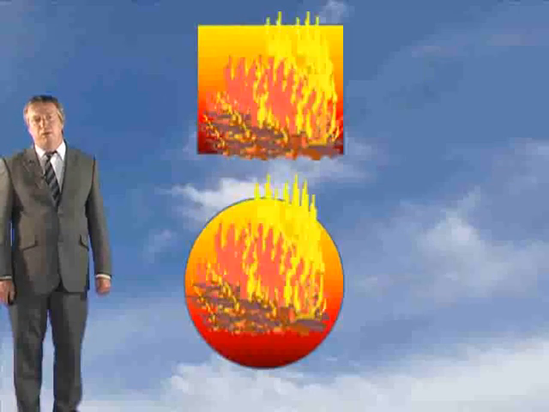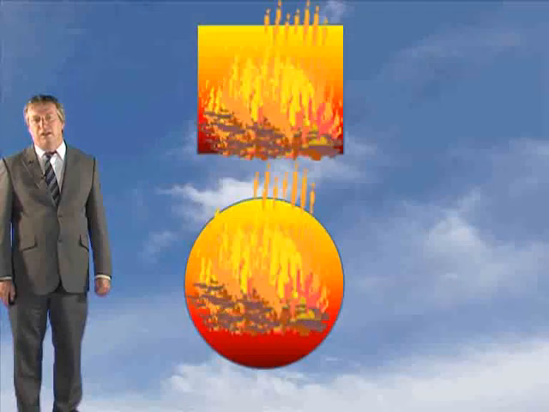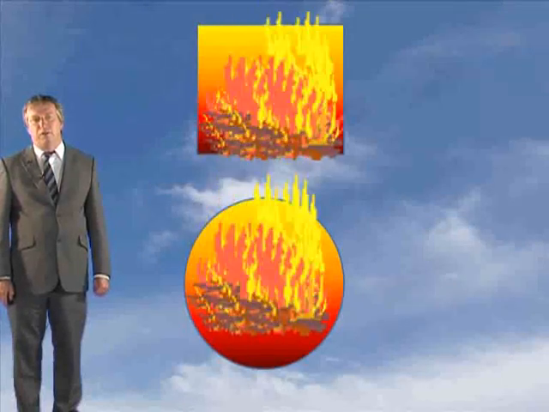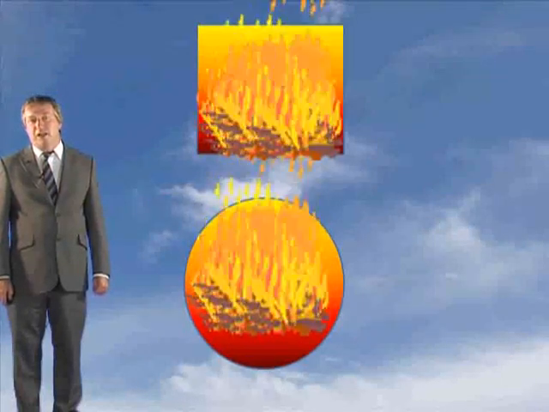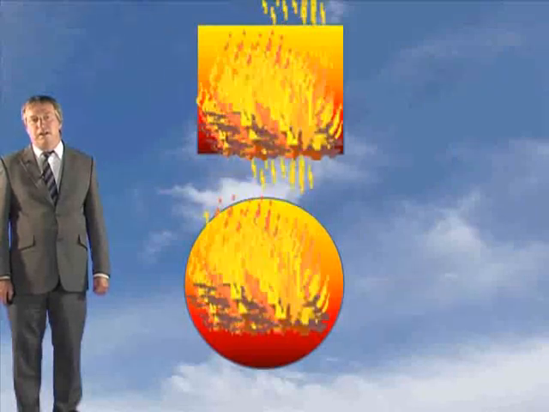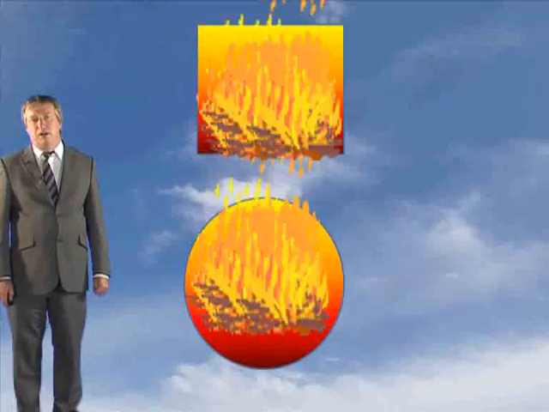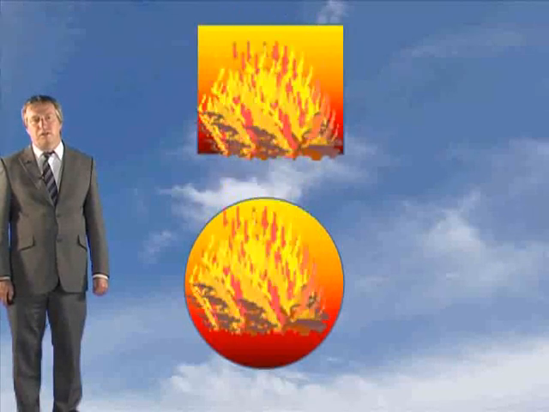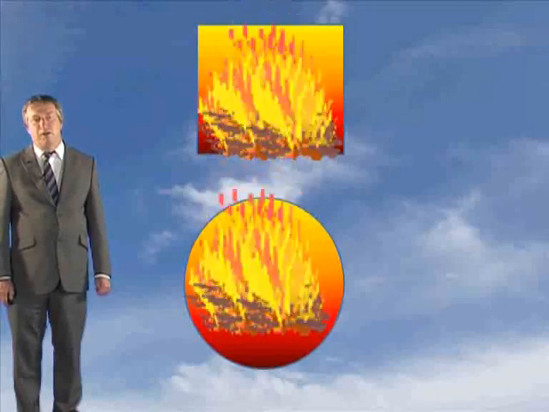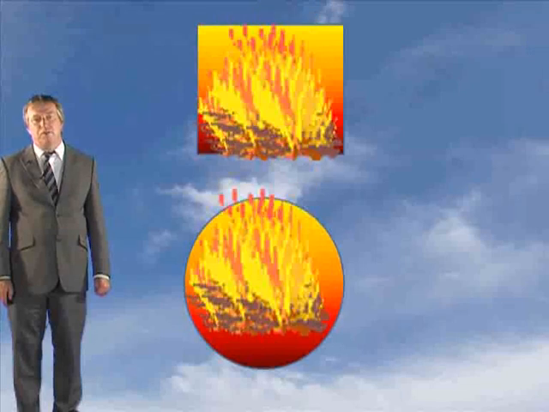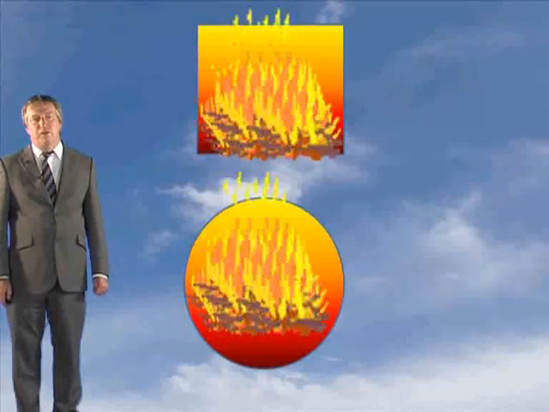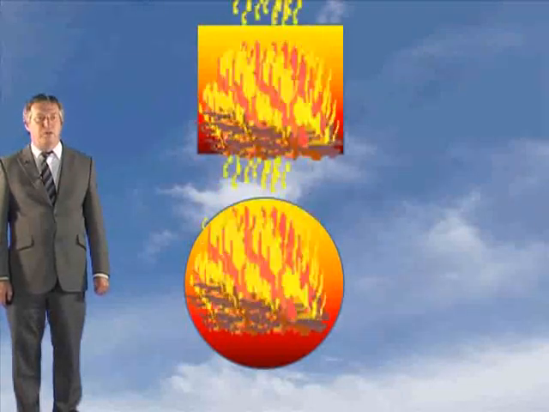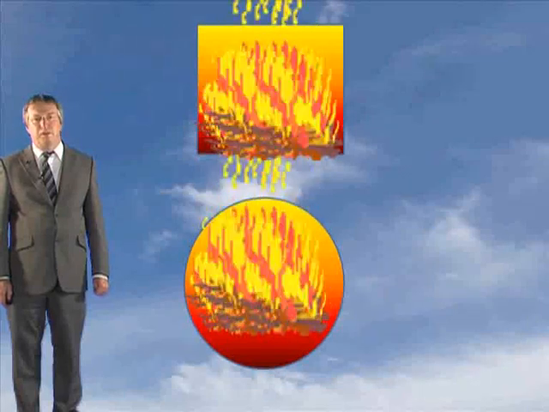And thirdly, if we assume that the fire is square or rectangular, we get the largest value for the perimeter that we can get for any given shape. And the larger the perimeter, the larger the amount of smoke that's going to be produced. And so we're erring on the side of safety by assuming that the fire is either square or rectangular in shape. If we were to assume it were round, then we'd actually get the smallest possible perimeter, and therefore we'd be erring away from the side of safety.